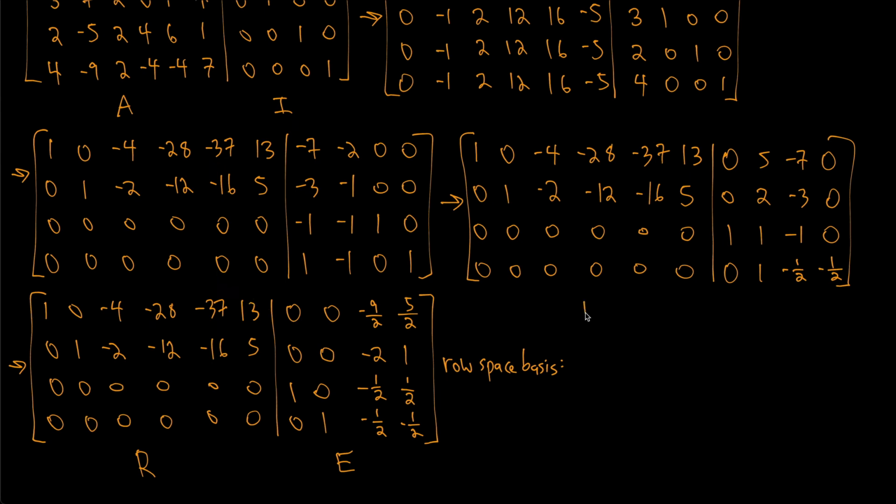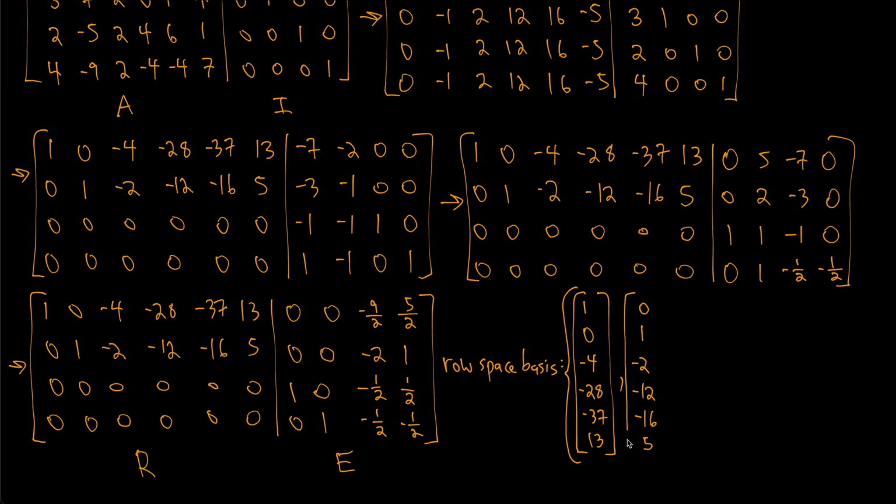So that's 1, 0, minus 4, minus 28, minus 37, 13. And the other vector is the second row. So that's 0, 1, minus 2, minus 12, minus 16, 5. So that was the easy part, getting the basis for the row space.